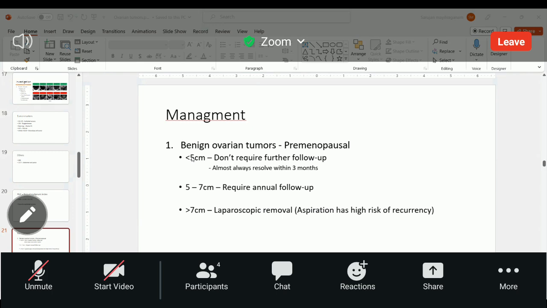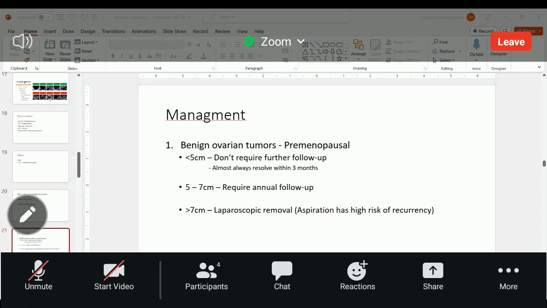That is a different story. Even if the size is less than 5 centimeters, if the size is not changing, remaining the same, or if it's growing, then we have to go for excision. That is the only exception.